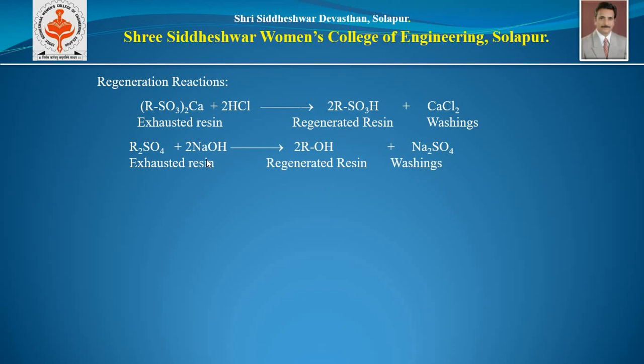Then similarly, when we pass dilute alkali through the exhausted anion exchange resin, the OH of the NaOH and SO4 of the exhausted resin get exchanged, and we get the regenerated resin, and the washings are thrown away. Like this, we can regenerate the exhausted resin and use the same resin again and again.